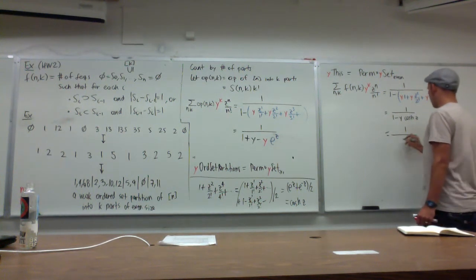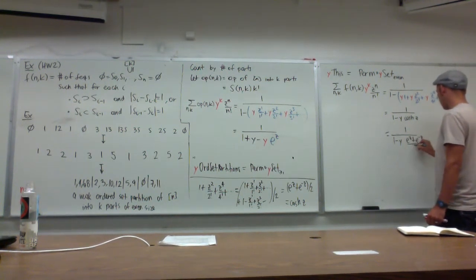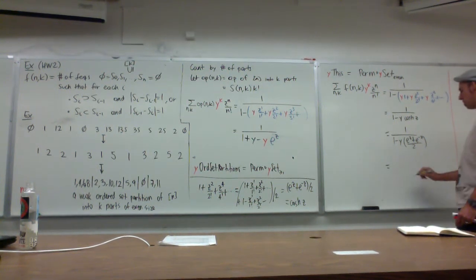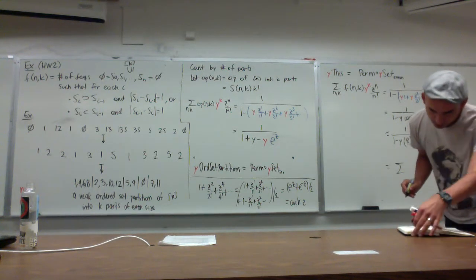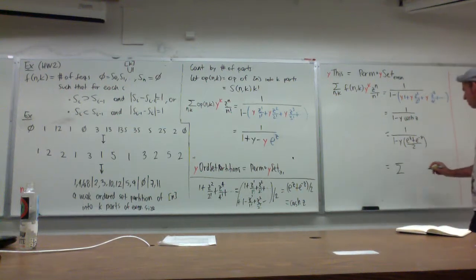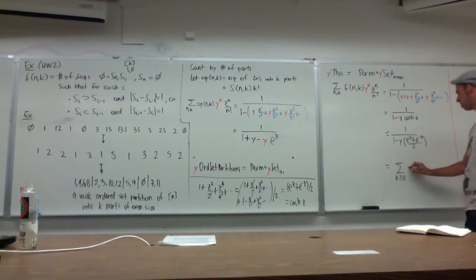So we get 1 over 1 minus y times e to the z plus e to the minus z over 2. Right? Let me expand this as a geometric series. And let me try to use the same letters that I used here. So let me expand the sum over k greater than or equal to 0, y to the k, of the cosh of z.